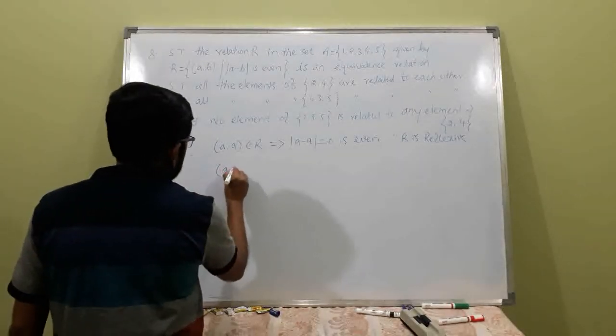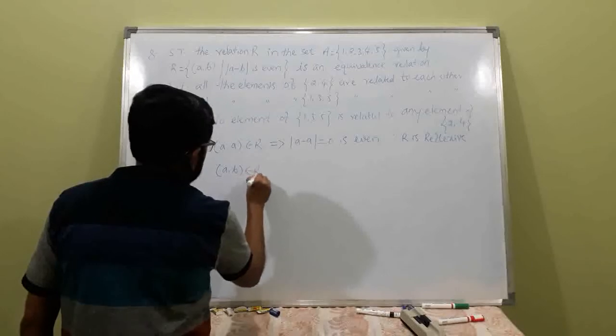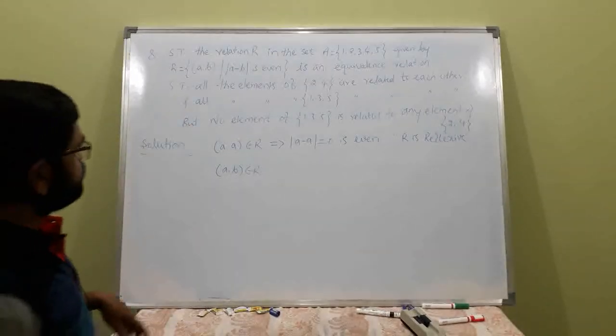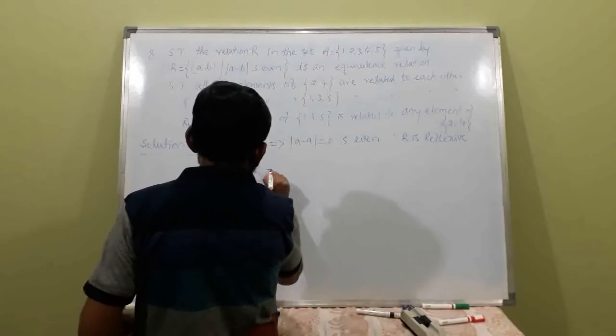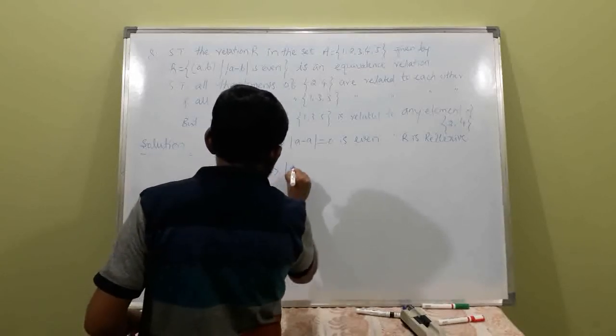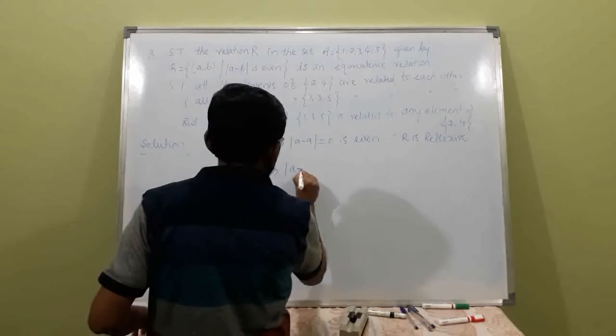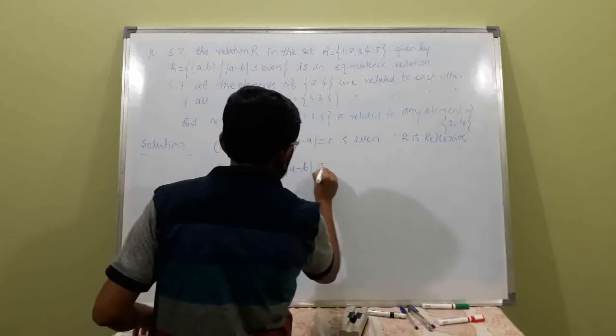Now AB belongs to R. This A and B may be any number among those. This implies modulus of A minus B is even.